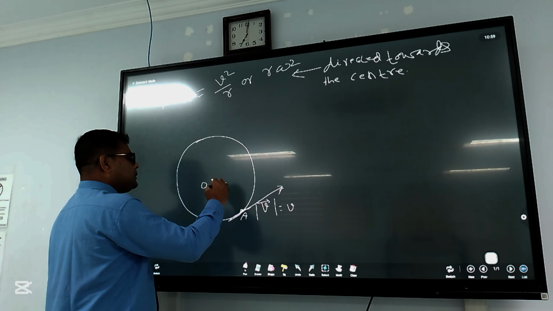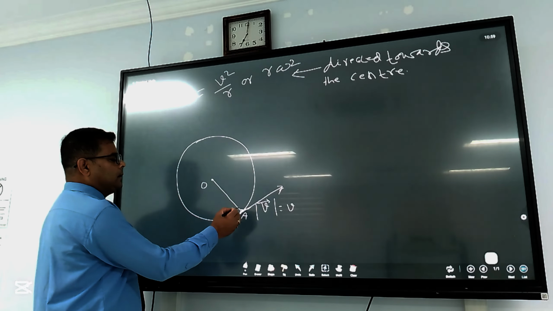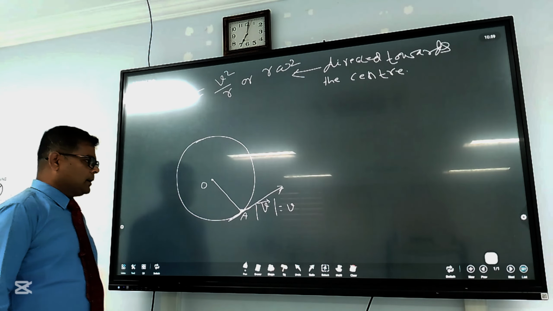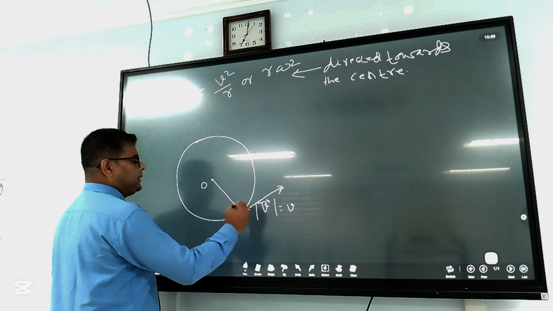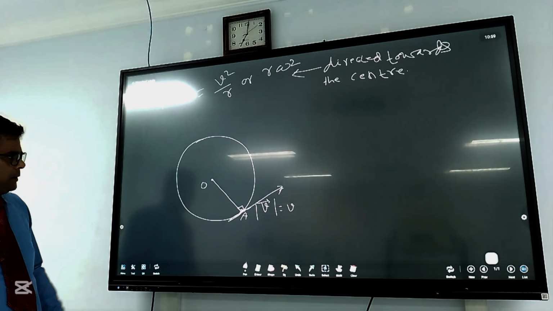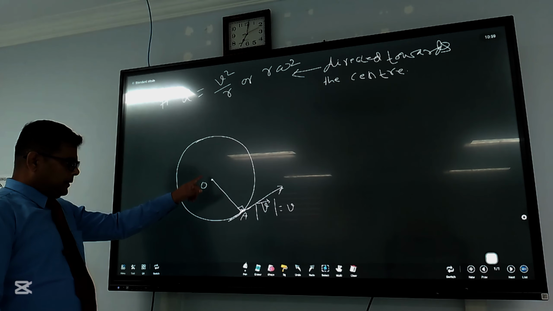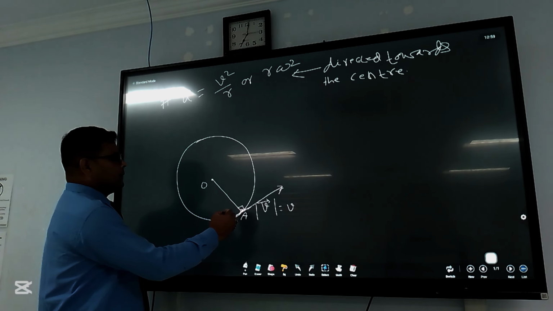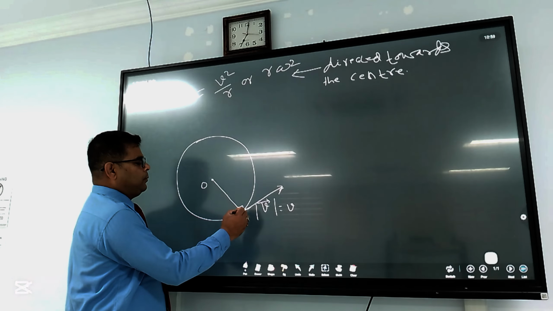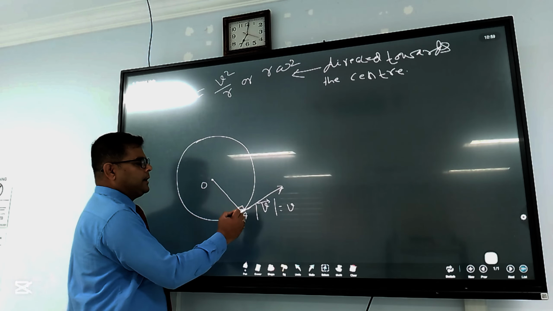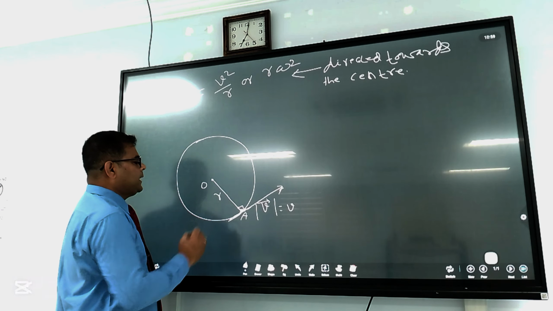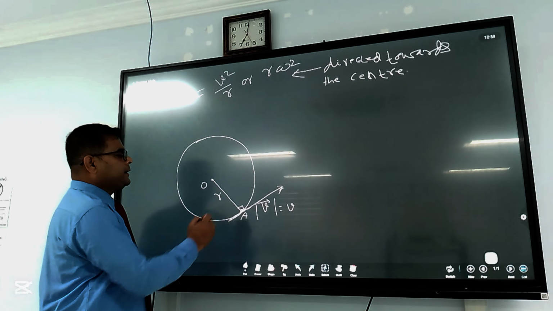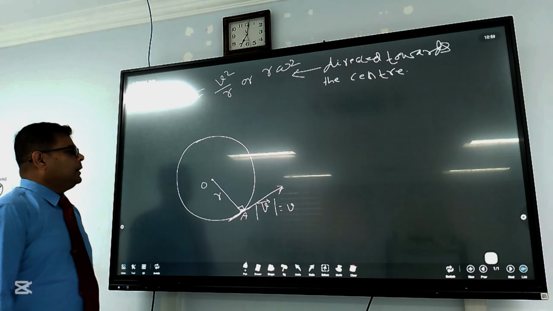If you join these two lines, as you have already seen in the previous class, this angle will be 90 degrees. From geometry, this line is a radius, and where it meets the point at which another line is tangent, the tangent line and this radius line, which we call r, are 90 degrees to each other.